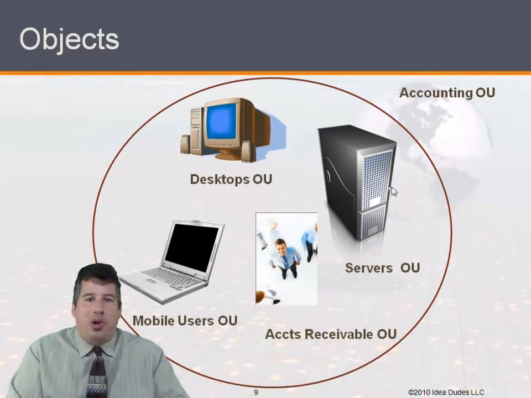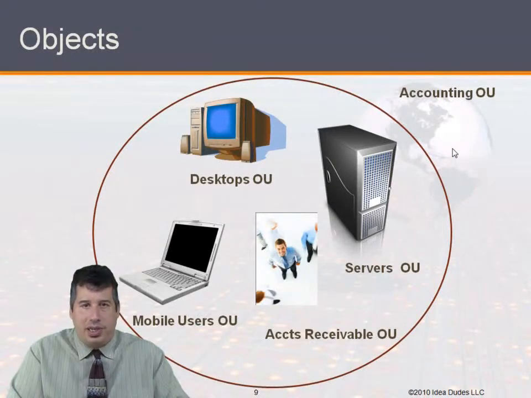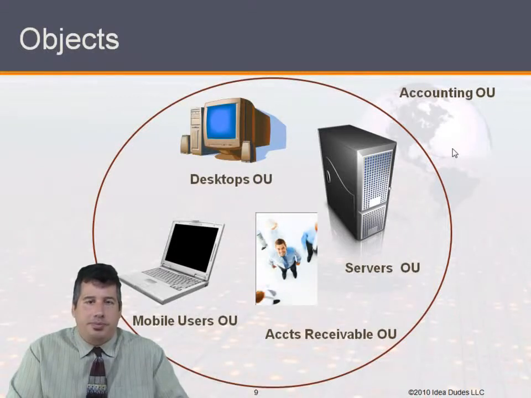And what an OU allows us to do is apply something called a group policy. And a group policy allows us to centralize our administration of our objects. So like our desktops, we can have a standardized desktop for Windows, for example.